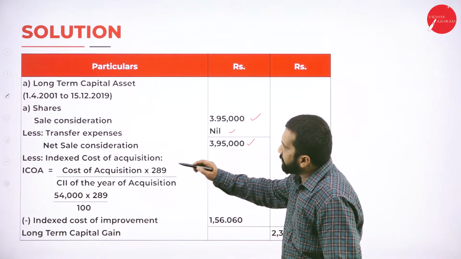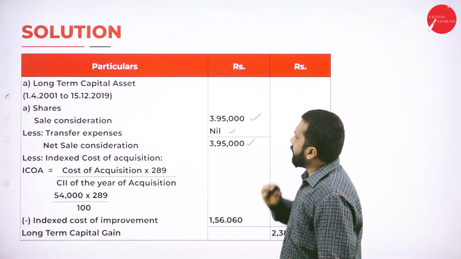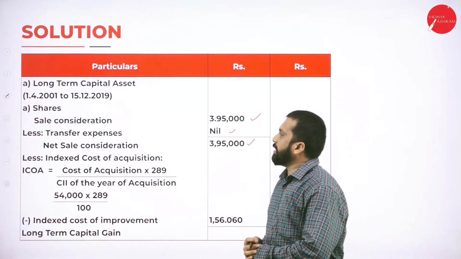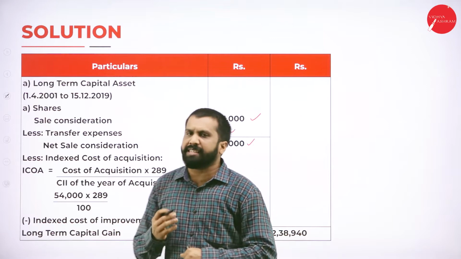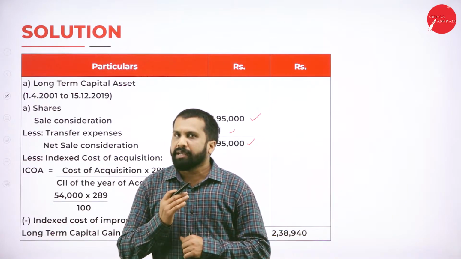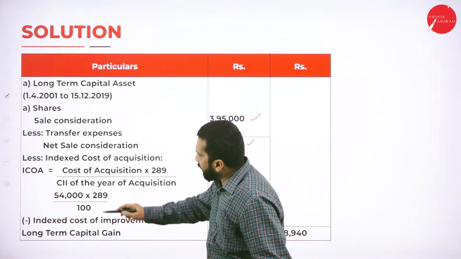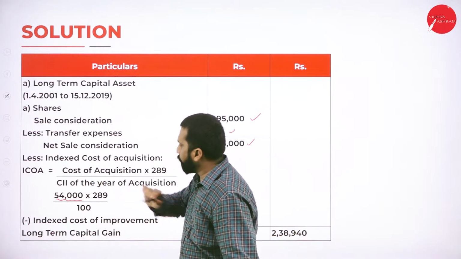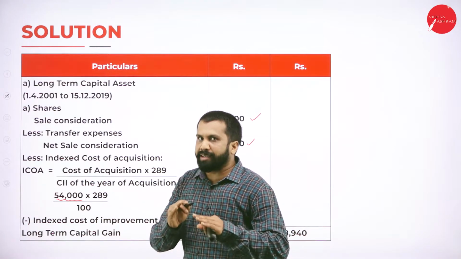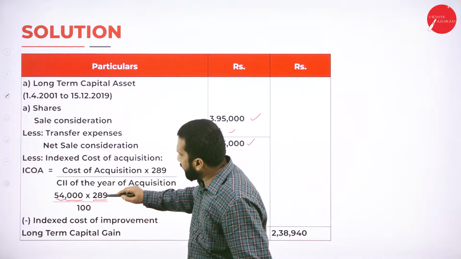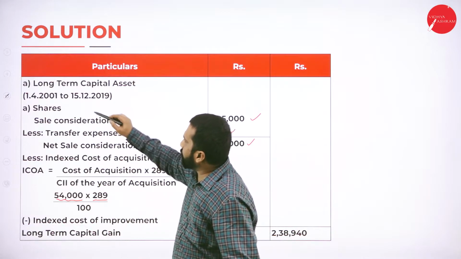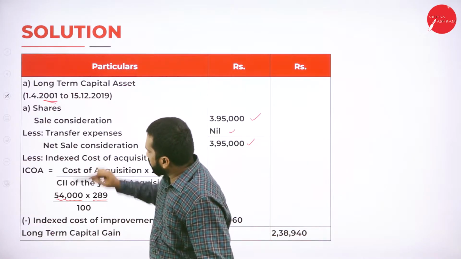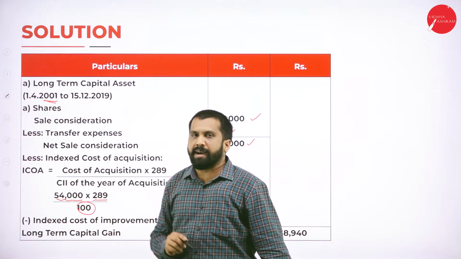Then less: indexed cost of acquisition. What is the indexed cost of acquisition? It is your purchase value of 54,000, multiplied by the cost inflation index number 289, divided by the index of the purchase year. It was purchased in 2001, so the index number will be 100.